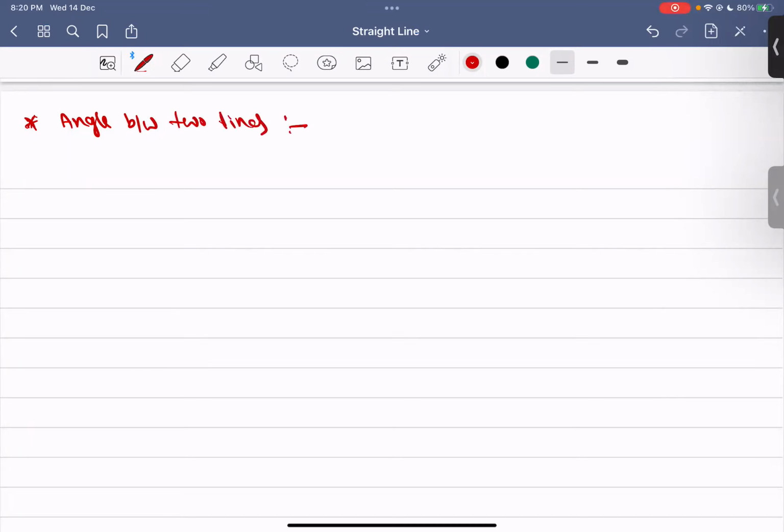Angle between two lines. Suppose L1 = 0 and L2 = 0 are two given lines.